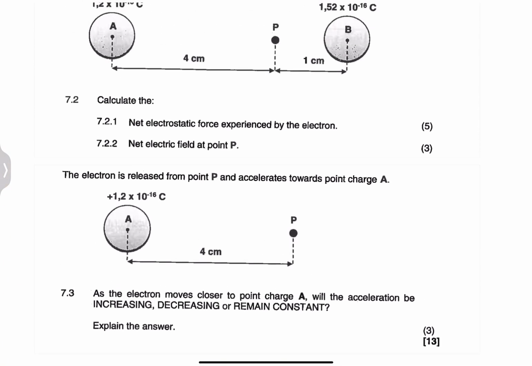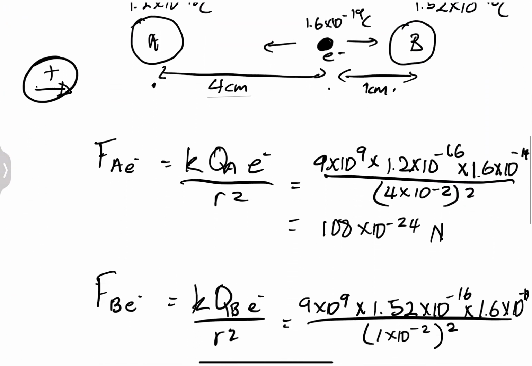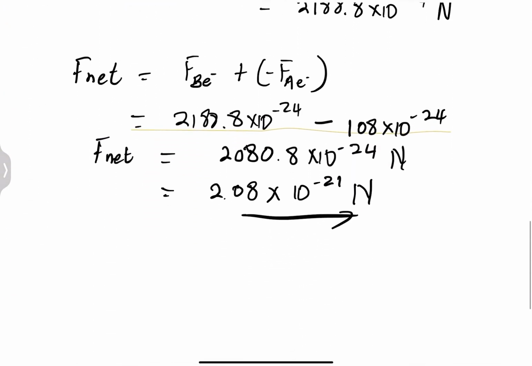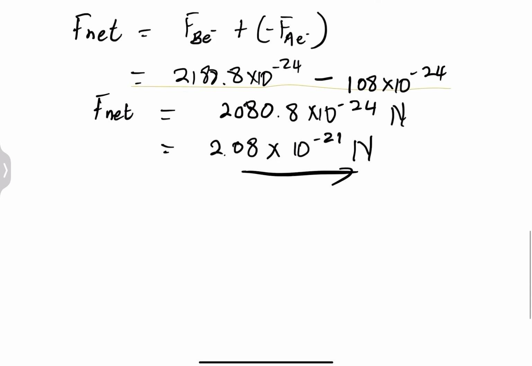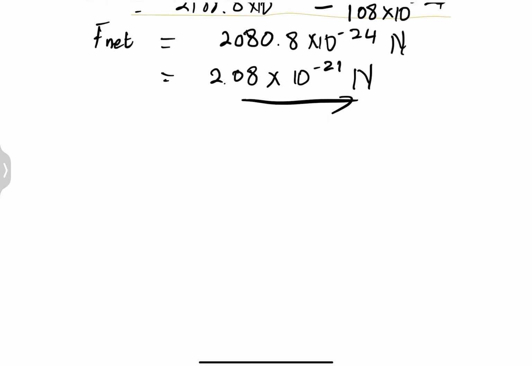Okay, right. And then on the next question, they say to us, calculate the net electric field at point P, right? Now, ladies and gents, it's not necessary for us to go the whole 9 yards and find the field and all of that.